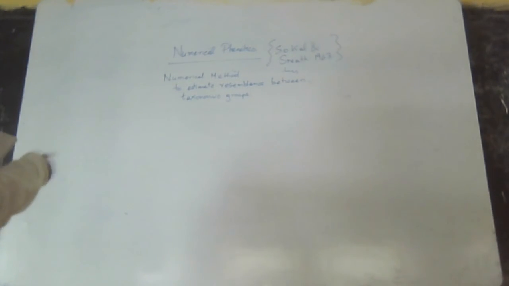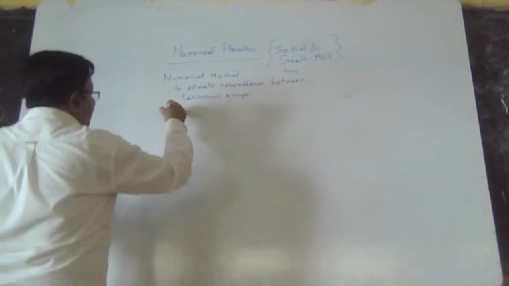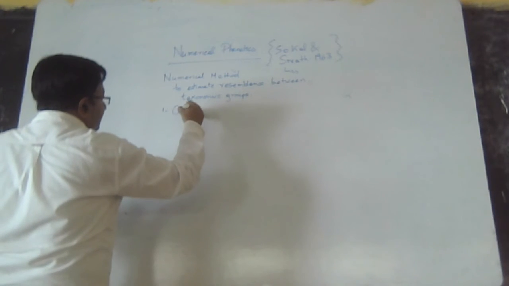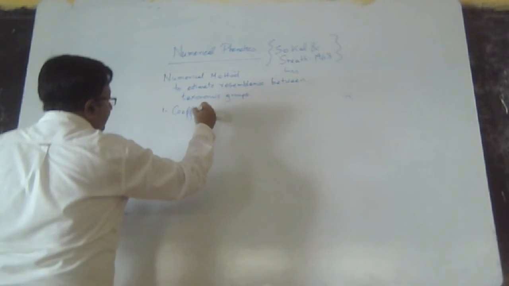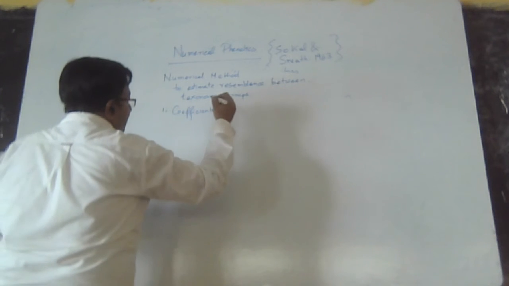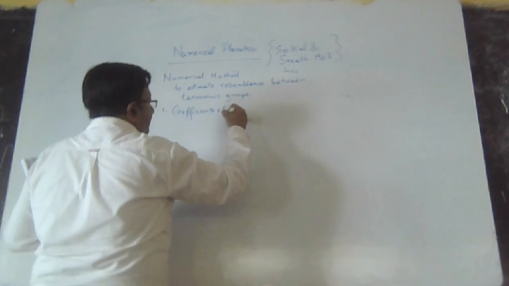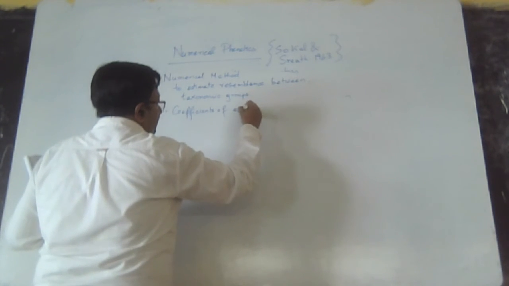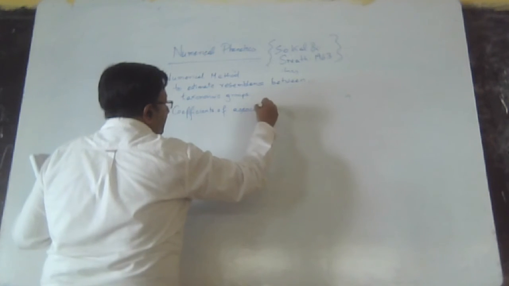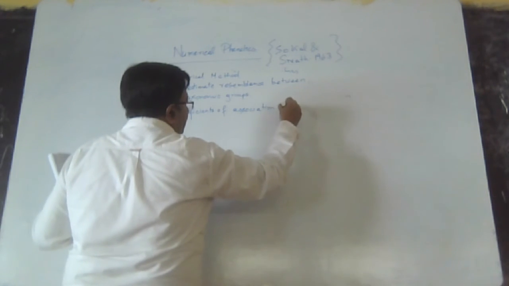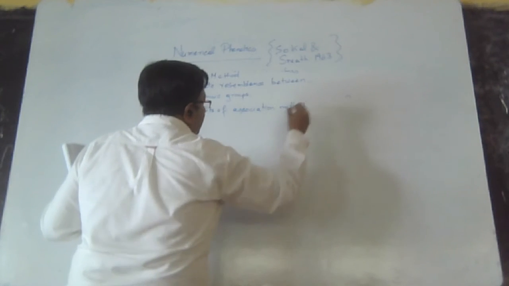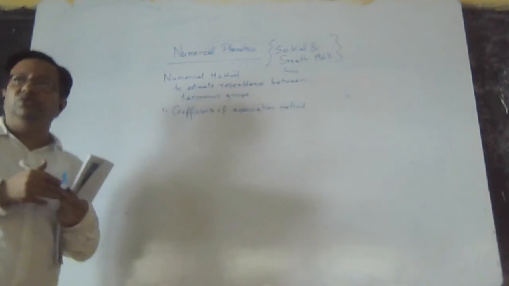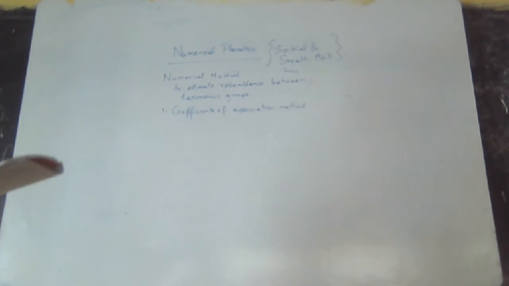The first is the coefficients of association method. You use coefficients to say how similar or how different they are.